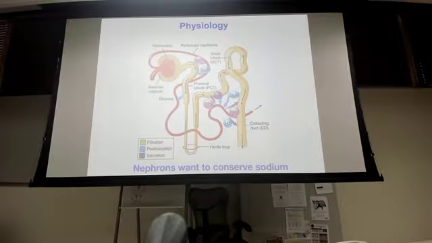To hold on to sodium in the body, i.e., have it reabsorbed into the blood. Everybody tracking what I'm saying? It's not that the kidneys are holding the sodium. They're keeping it in the body by having points along the nephron where it's reabsorbed into the blood. That's what they're designed to do. Our diuretics come in and say, no, let's get rid of it so that water can follow it, i.e., sodium.